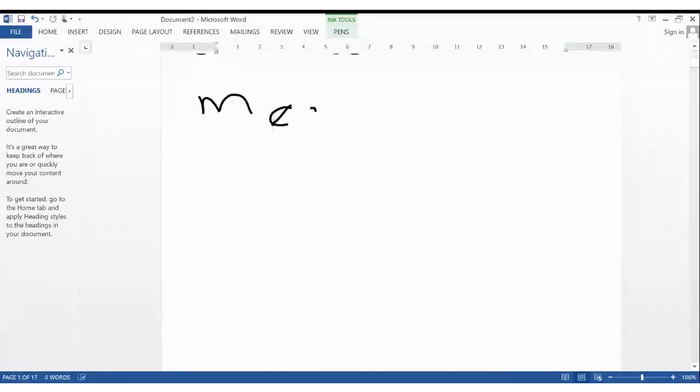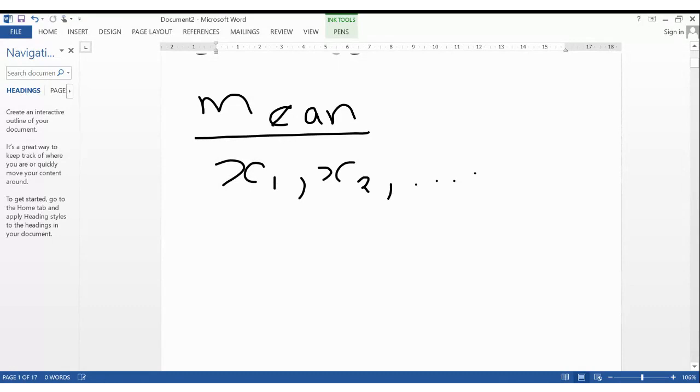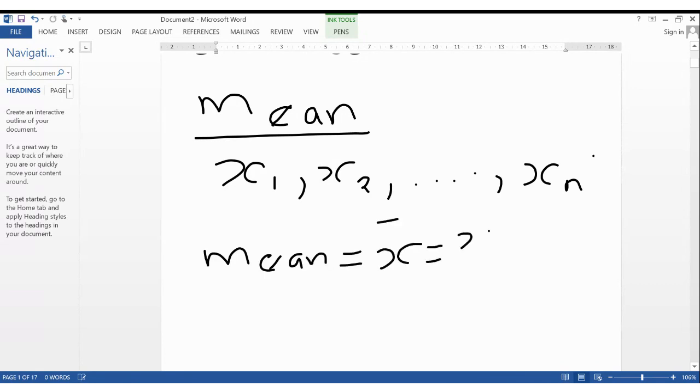So we are doing the mean for group data. If you have been given some numbers, x1, x2, up to xn, the mean, x bar, is x1 plus all the way up to xn, all over the total number listed.